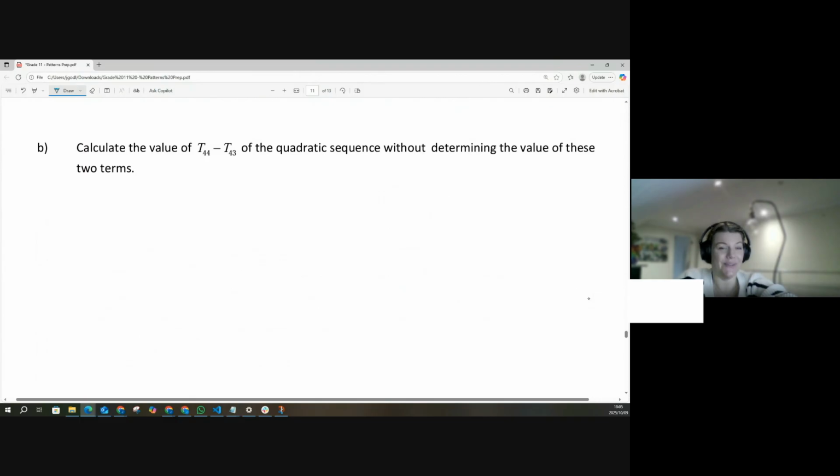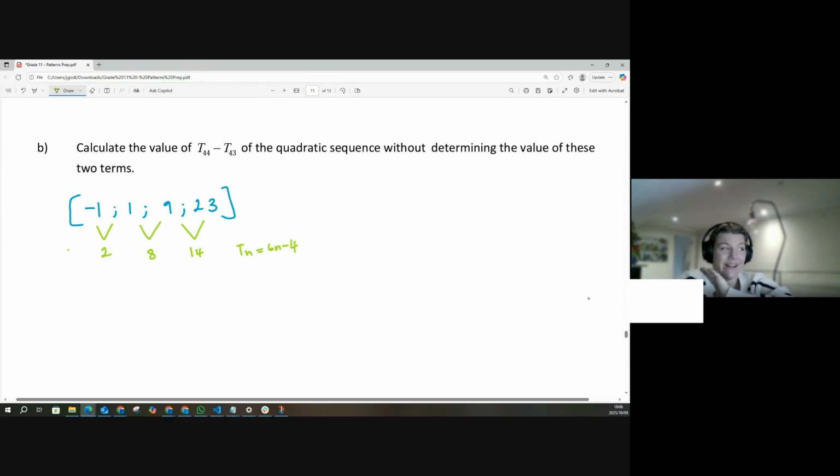Calculate the value of term 43 minus term 44 minus term 33 of the quadratic sequence without determining the value of these terms. So I'm just going to write the things that we know so far. We know that this is what our sequence looks like. We know that our first differences look like that, and that they are following the formula of Tn equals 6n minus 4.